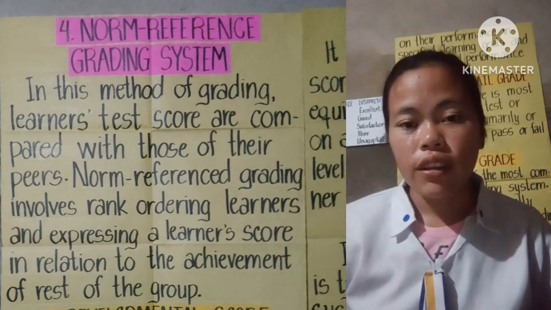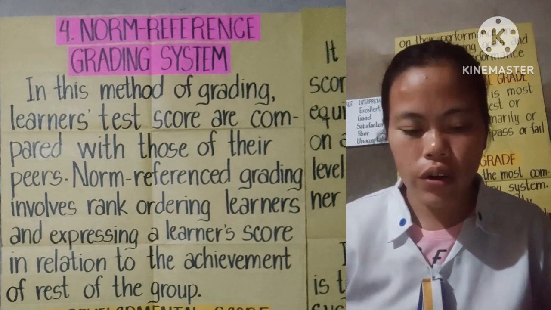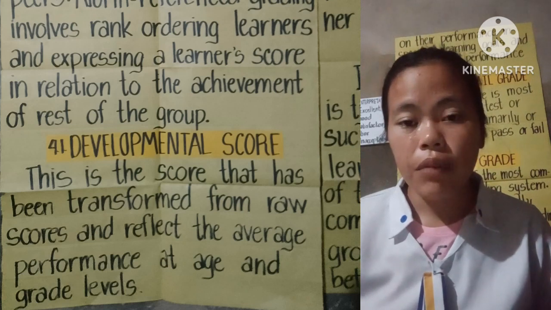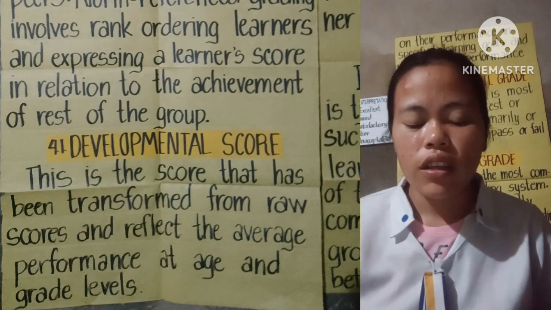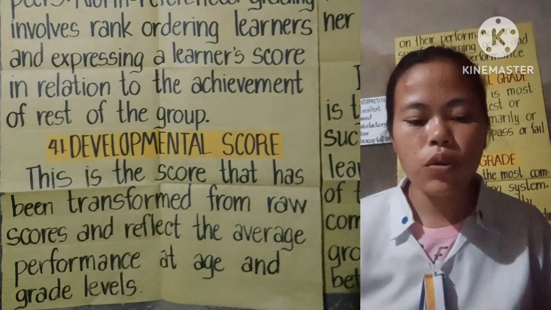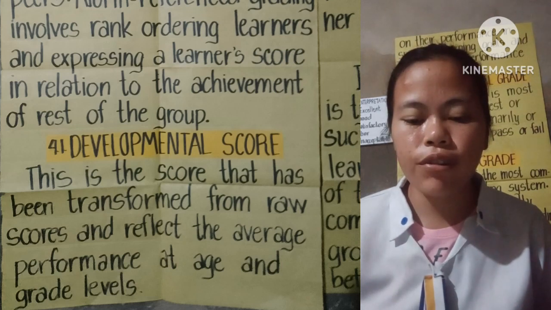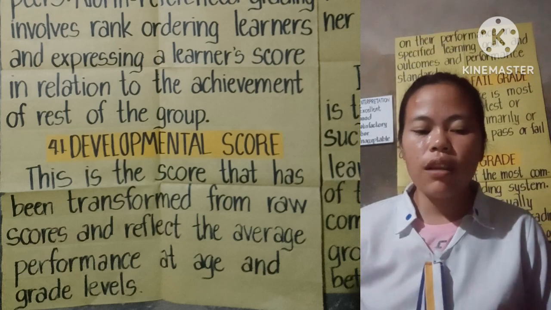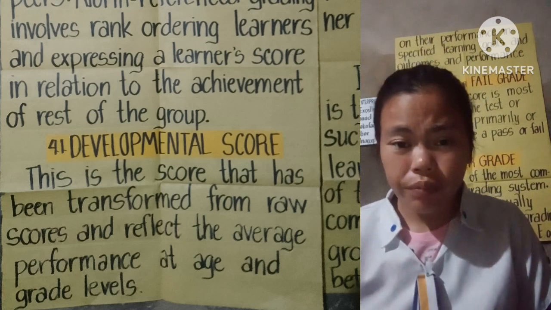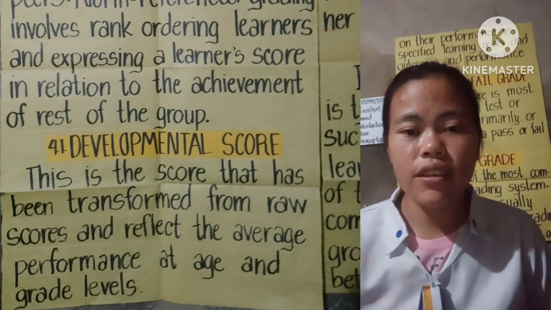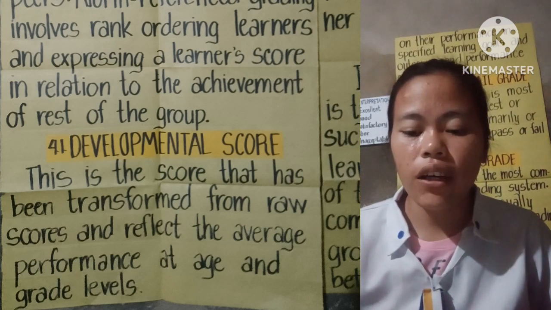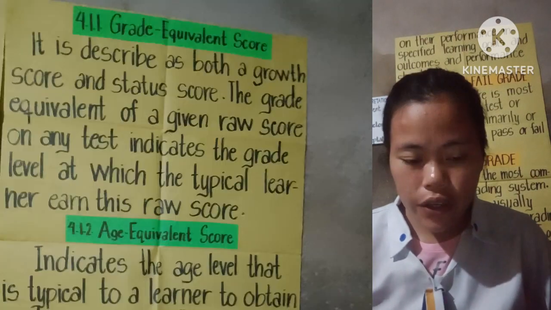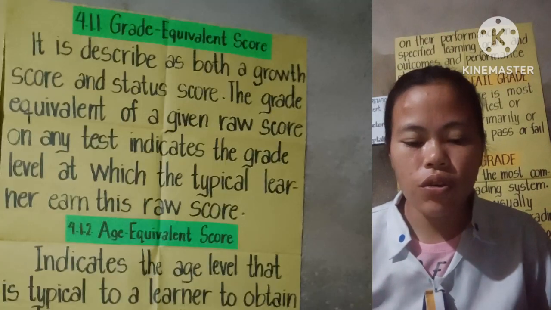So there are different types of norm reference scores. One of these is the developmental score. It means that these scores have been transformed from raw scores and reflect the average performance at age and grade levels. So sa developmental score sad, it has two kinds, which is the grade equivalent and age equivalent scores. So first is grade equivalent score.